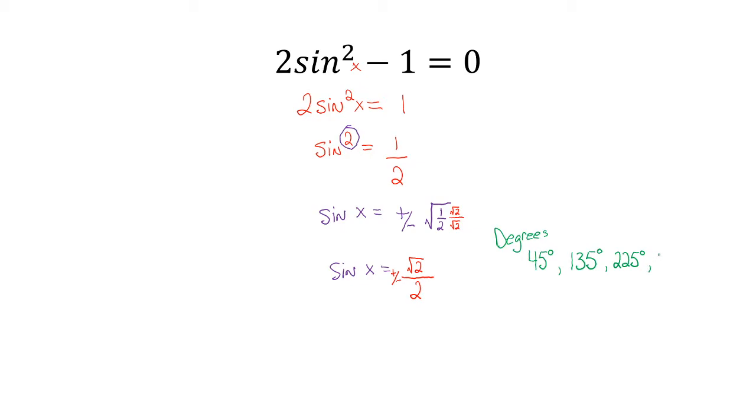And I also find it at 315 degrees. That was positive root 2 over 2 and positive root 2 over 2 and negative root 2 over 2 and negative root 2 over 2. So there were 2 positive answers and 2 negative answers, but the square root is what gave us the positive and the negative.